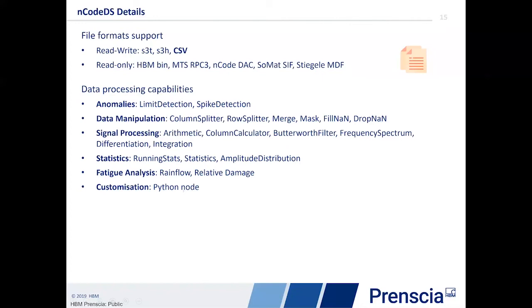You can benefit from the parallelized, highly efficient framework for processing large amounts of data very efficiently, and create your own node containing your own Python script. So that makes it very, very flexible.